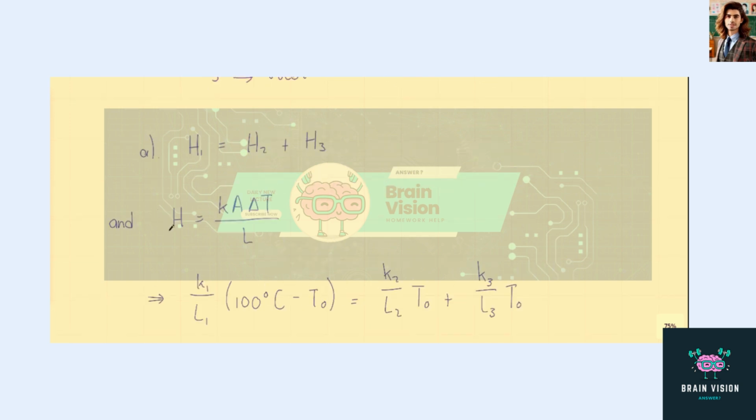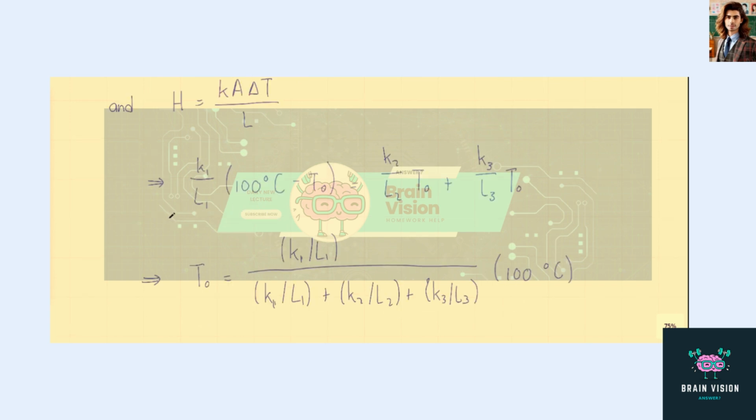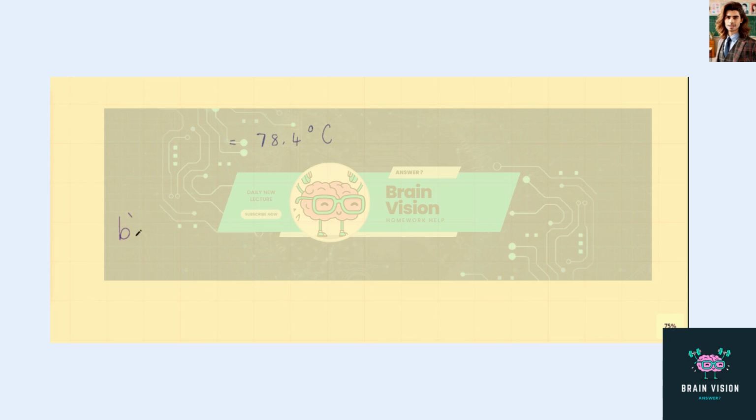Now we need to calculate the heat currents H1, H2, and H3. So if we use the equation that H is equal to K times A over L times delta T, since we now know our value for T0, we have that delta T1 is equal to 21.6 Celsius degrees.